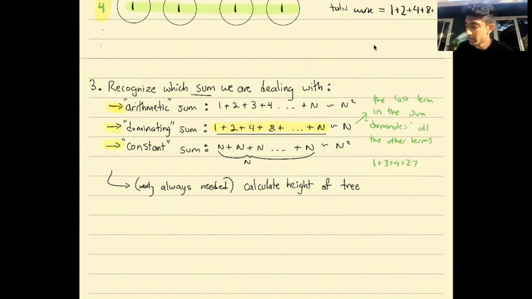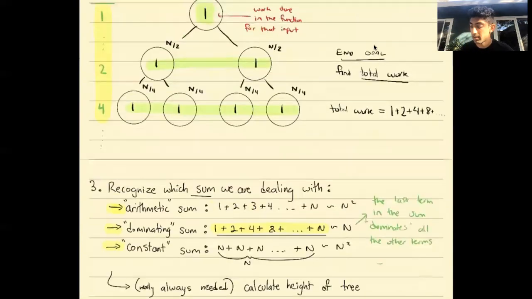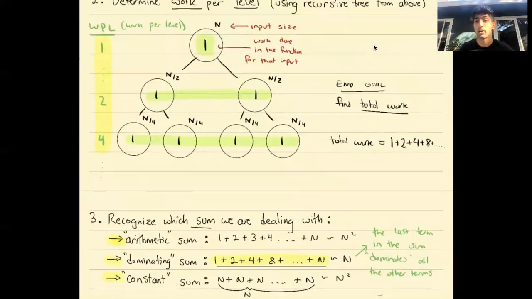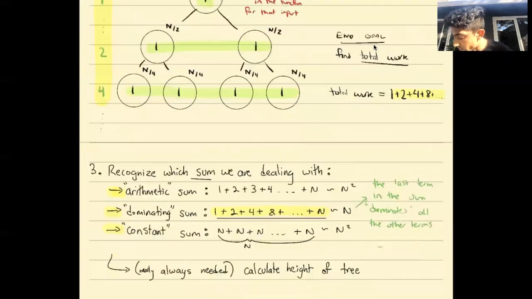And so on. So now that we have this dominating sum, and we've recognized that when we look at the work per level and we're trying to figure out the total work of this function, all we have to do is figure out the value of this sum. To figure out the value of the sum, we need to figure out what the last term of the sum is.